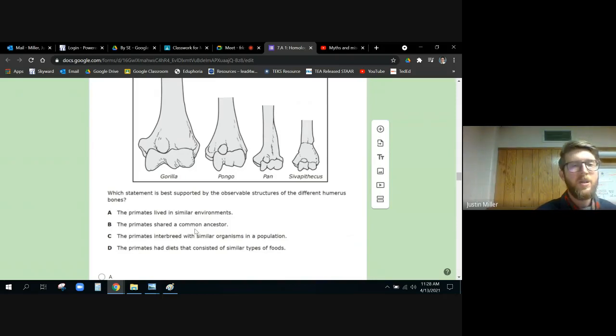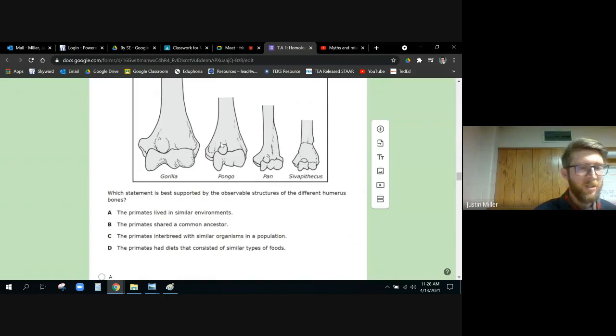Now, just to prove it to you, C and D aren't correct because the primates interbreed with similar organisms in a population. That's not why their arm bones look the same. Of course they interbreed with similar organisms, because they interbreed with their own kind, right?